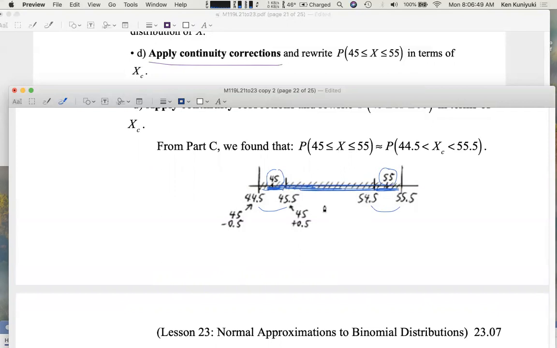So ultimately, what are our outer goalposts? Our goalposts are going to be from 44.5 out here to 55.5 out here. These are the true boundary values that'll trap all of the shaded region inside of here. I'll put this in red for emphasis. Again, we want 44.5.